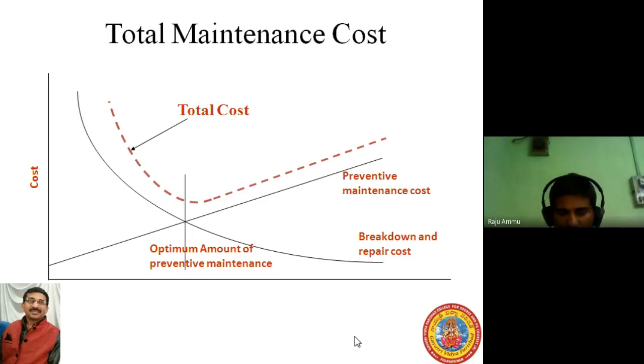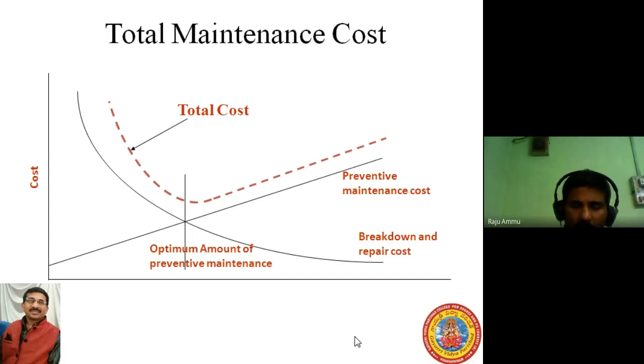When there is a problem, treating it is breakdown maintenance. Preventive means that before the so-called breakdown occurs, I prevent those problems by maintaining the equipment continuously. So there are two arguments here.